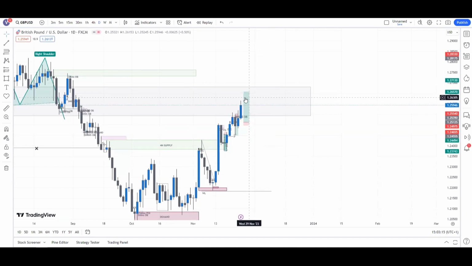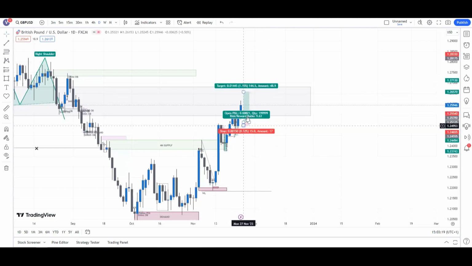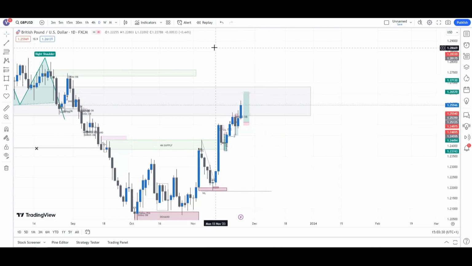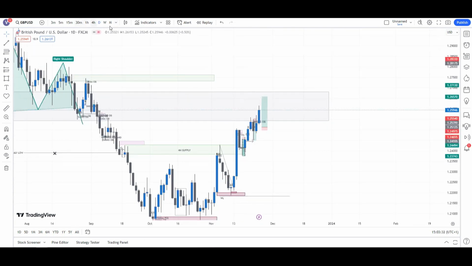Then I'll watch out for how price reacts around this region before I start selling. It doesn't mean when price just gets to this point, I'll start selling. No, I want to see how price will react around this region, but from this region, I want to start seeing a decline to the downside.